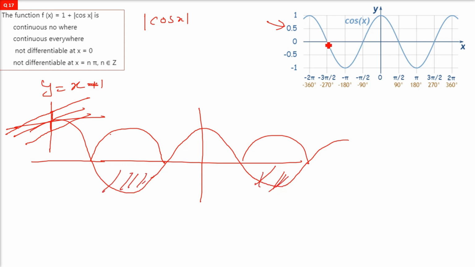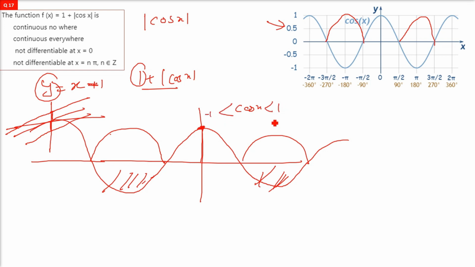There will be nothing on the negative y-axis. That is the whole idea about the modulus function. So when you add 1 plus modulus of cos x, you are just making this modulus of cos x go up 1 unit. You just hold this, take it 1 unit up and keep it there. So that is 1 plus modulus of cos x.